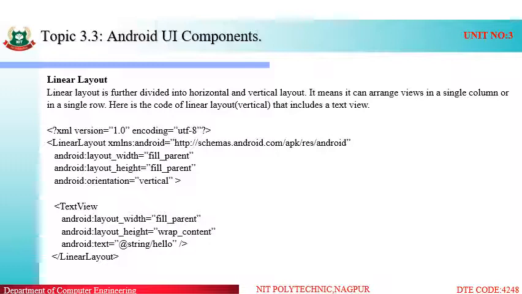So the component should be inside our layout structure. Text view we cannot define outside the linear structure. So here the linear layout is starting, and with the help of /LinearLayout the structure is ended. So inside this we have to place our components.